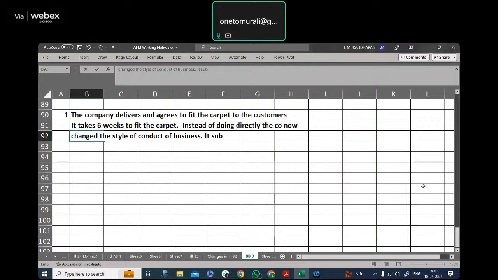It subcontracts the work to fitters directly. Two, is this construed as a policy change?